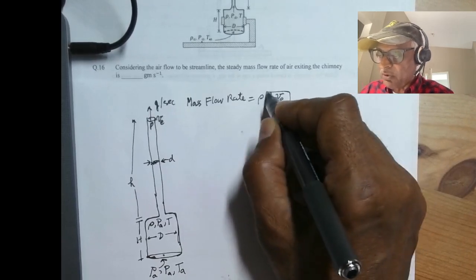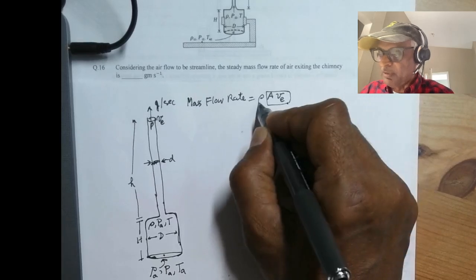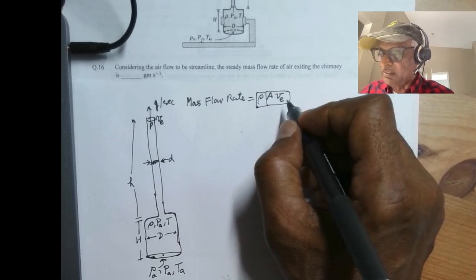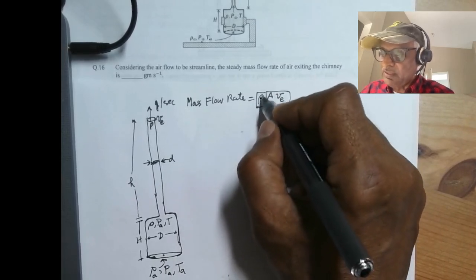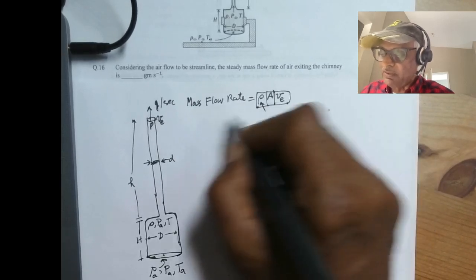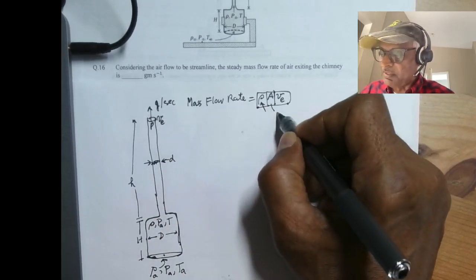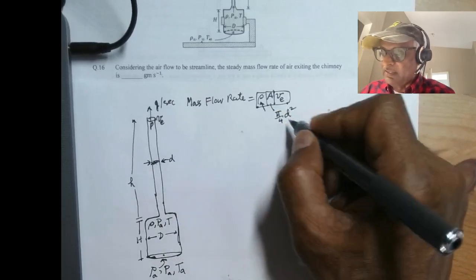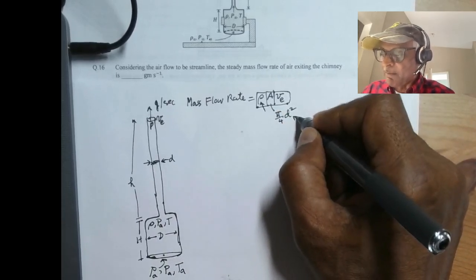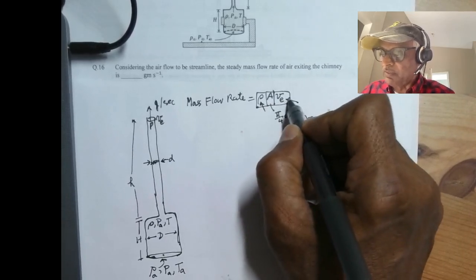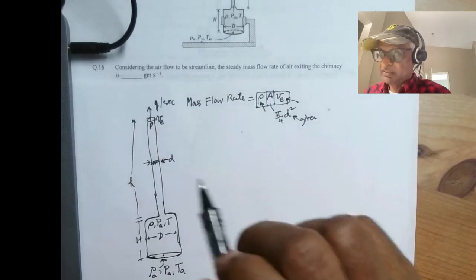This is the volume flow rate, and multiplied by the density gives me the mass flow rate. This area is already given: it's just pi over 4 little d squared, and little d is given. So we need to find rho and V_E, and then we will have answered the question.